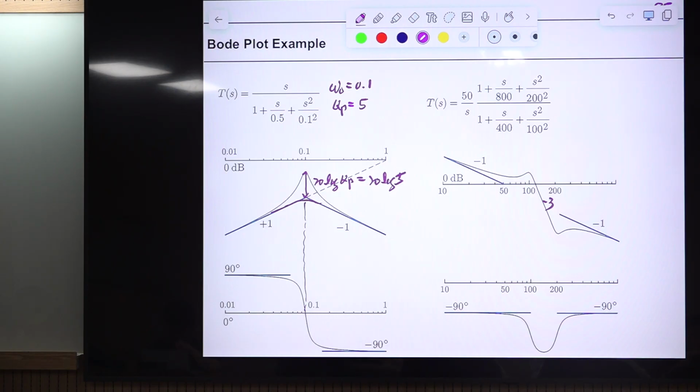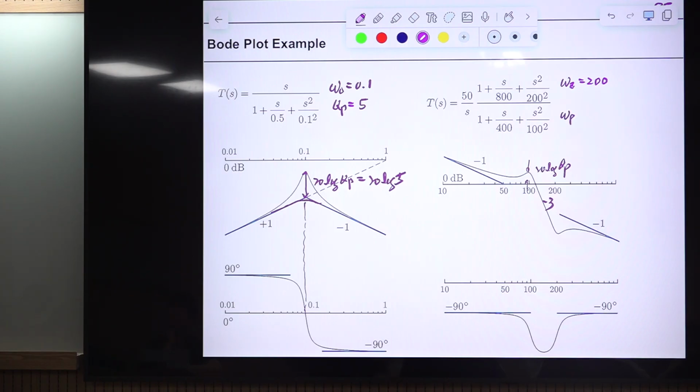And there is a peaking, so maybe the smooth connection is, I don't know. So this peaking is 20 log QP, okay? This omega naught or omega 0, okay? Let me use omega G, because there are a double zero in the numerator and a double pole in the denominator.